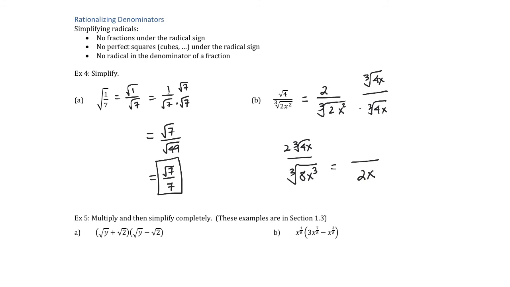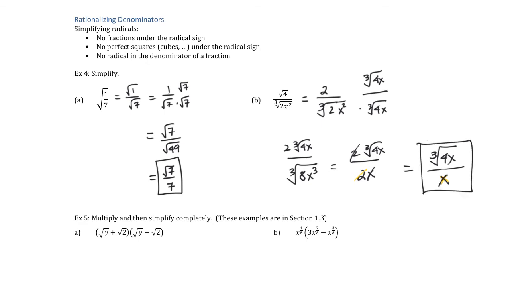And so then my 2's simplify. So my final answer here is cube root of 4x all over 2. Oh, no, my 2's canceled. I erased the wrong thing. So that should be an x. There we go.